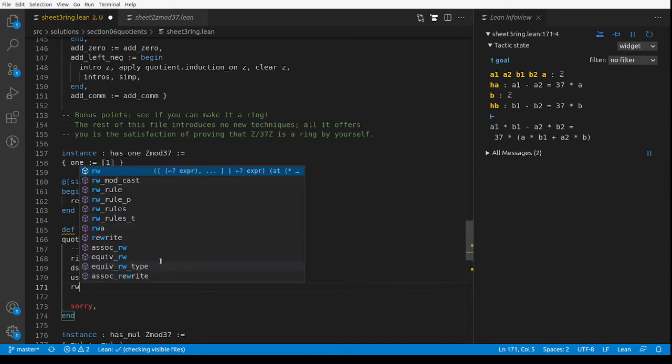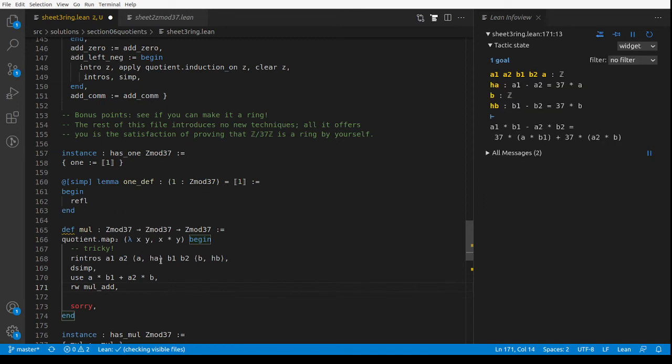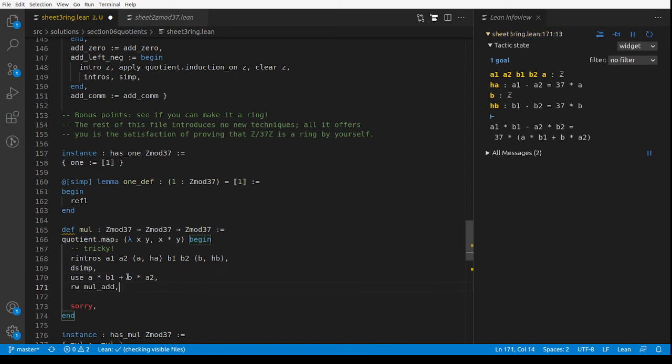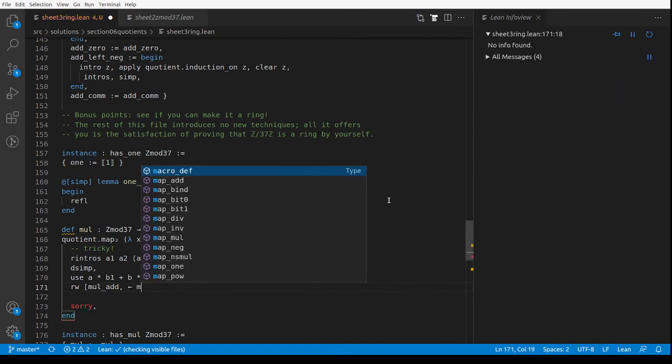So let's just do mul_add. Let's just do it by hand. Mul_add. And now what do we need? I need to get to 37 times A. Oh, I need to get to 37 times B. That's going to be hard to get to. Let me change A2 times B to B times A2. Then it's just going to be easier. And then we need mul_assoc, right? It's mul_add. I hope you've played the natural number game.